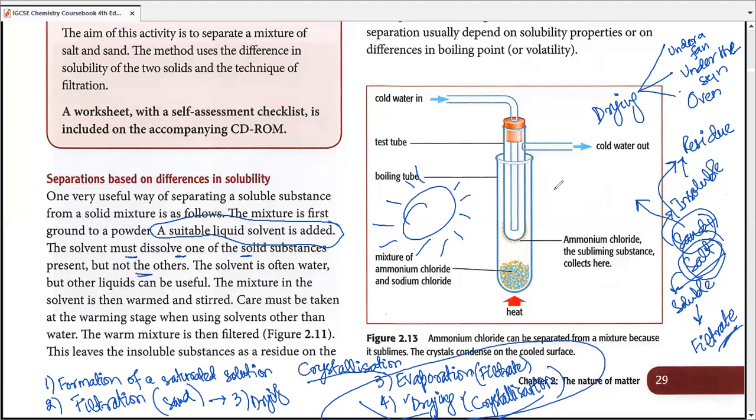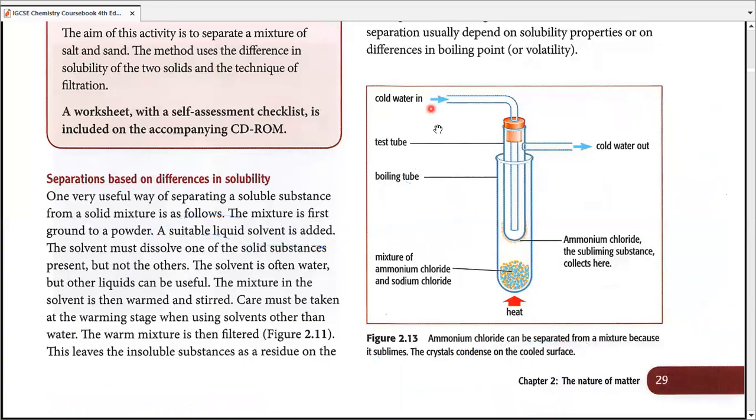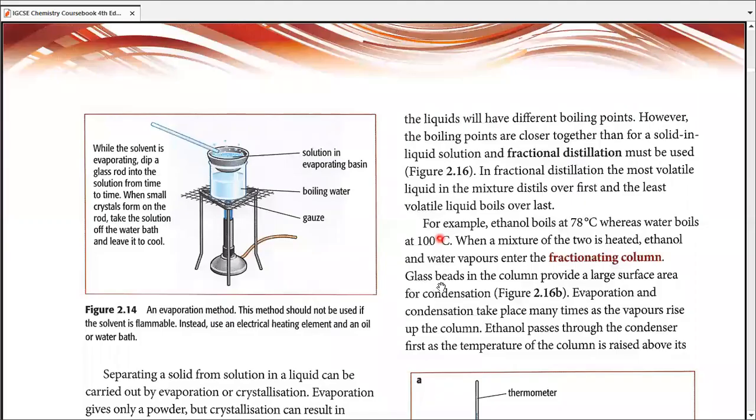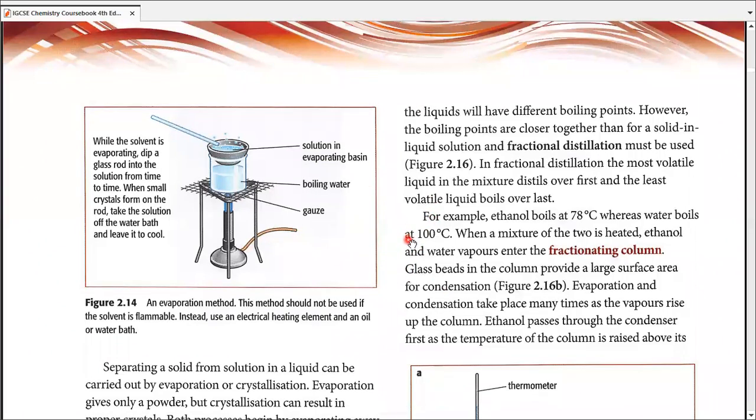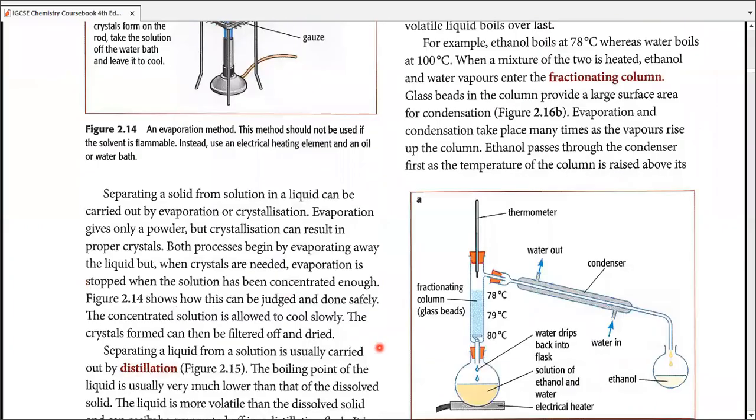Good. So this completes the crystallization process. Let me tell you, a diagram related to the crystallization process is given on the top of page number 30. This shows how we use the evaporating basin and how we evaporate the water at the third step. All right.